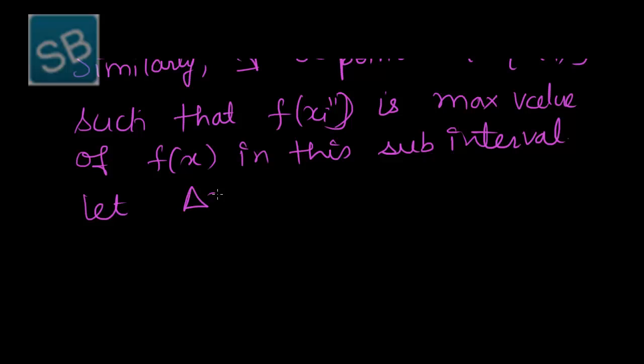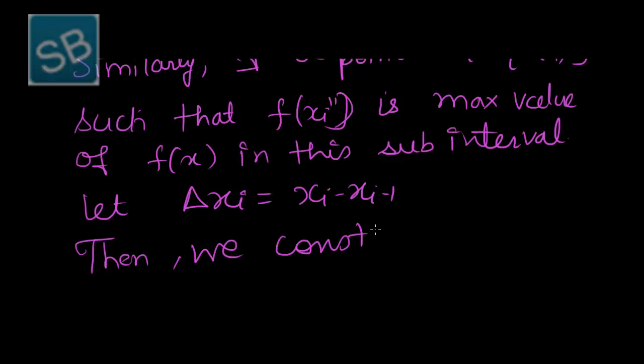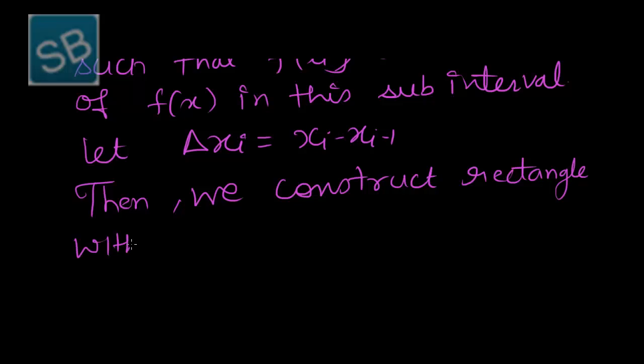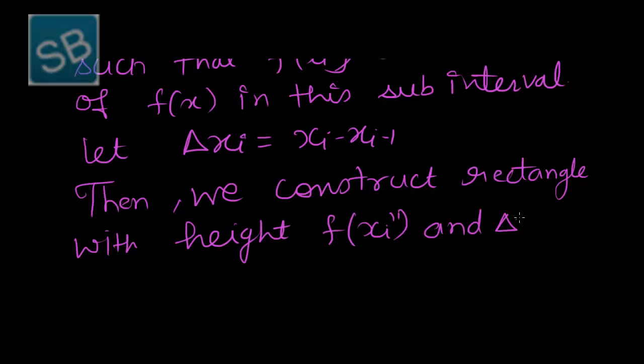And let delta xi be the same length again. Then we construct a rectangle with height f(xi'') and delta xi as breadth.